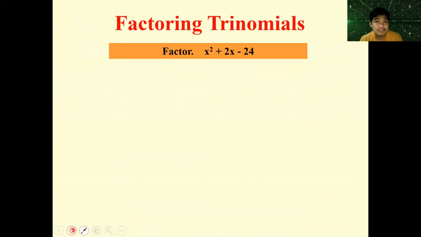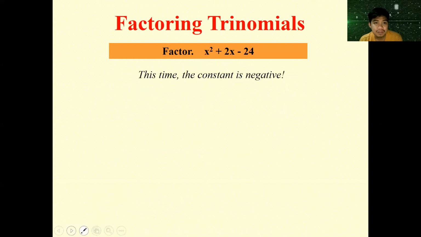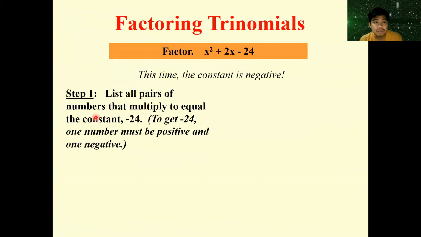Okay, next, factoring trinomials. So as you can see, the constant is negative. So we have negative 24 this time. Now, list all the pairs of numbers that multiply to equal the constant negative 24. To get negative 24, one number must be positive and one number must be negative, kasi the product of negative and positive numbers is negative.